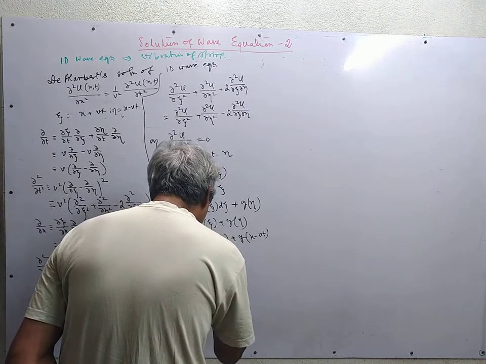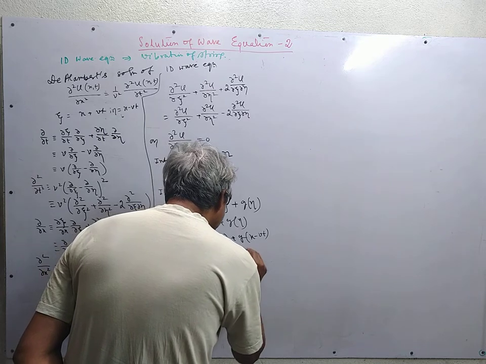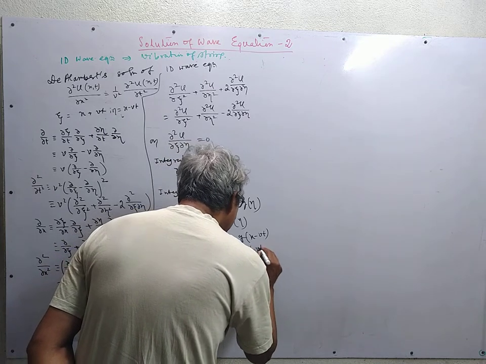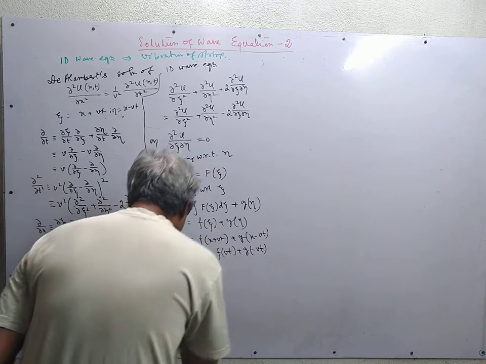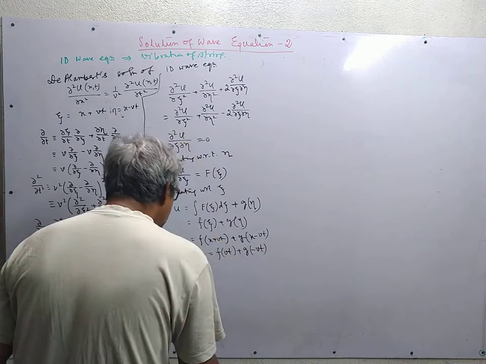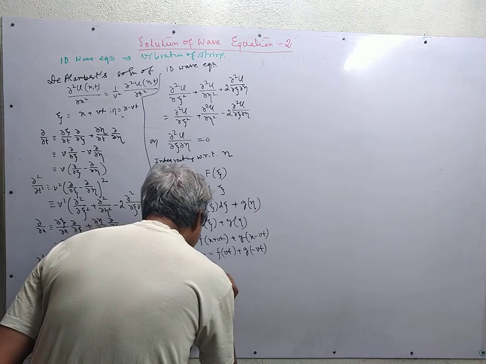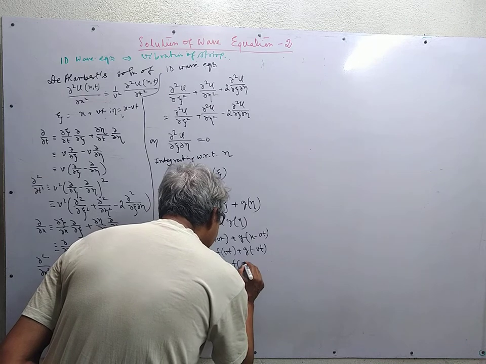That is, from here it is f of vt plus g of minus vt. This shows that g of minus xi is equal to minus f of xi.